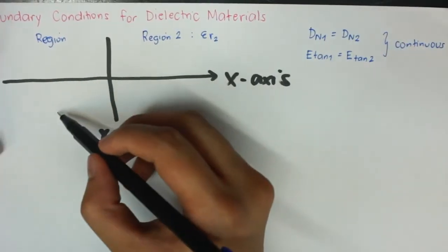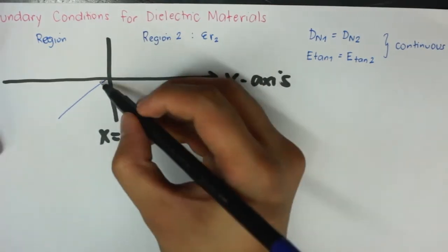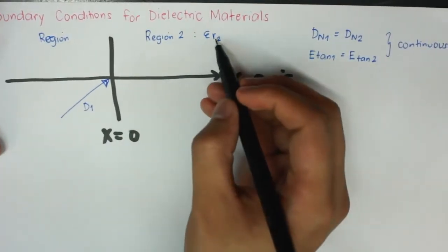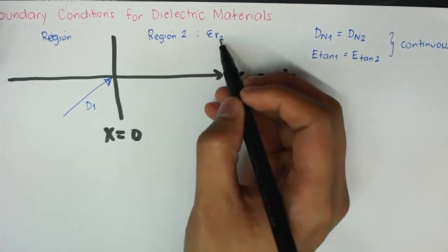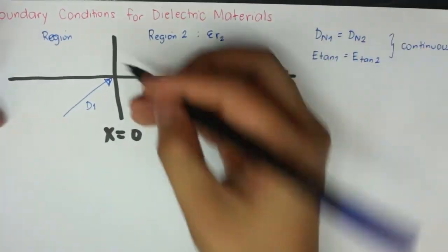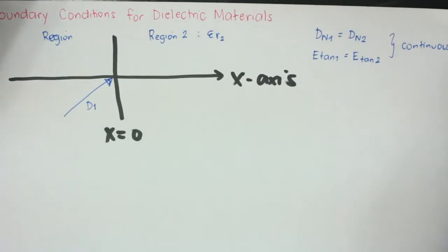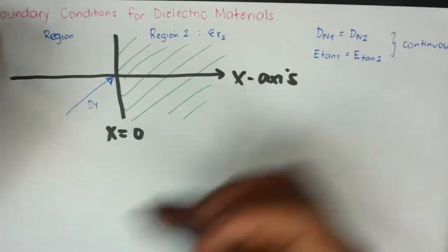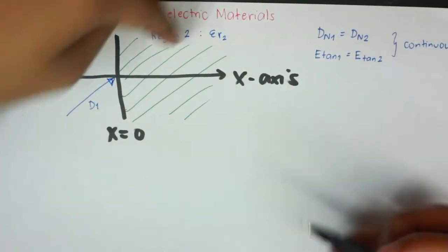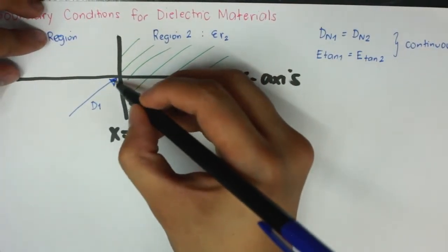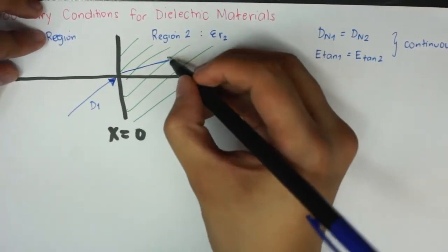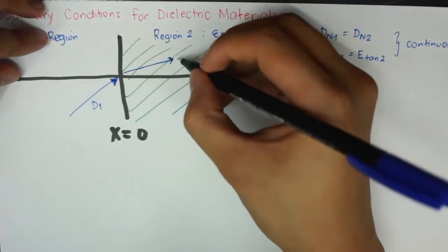So, given the incident, say this is D1, since the next material has different properties, this is the boundary. Since the next region has different properties, there will be a refraction of our electric flux.